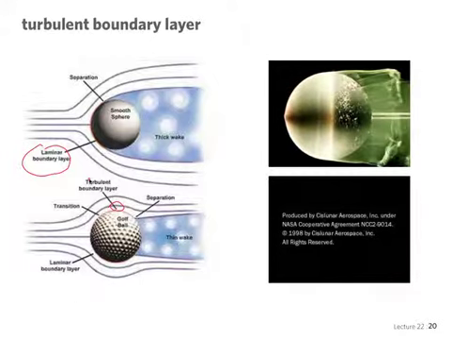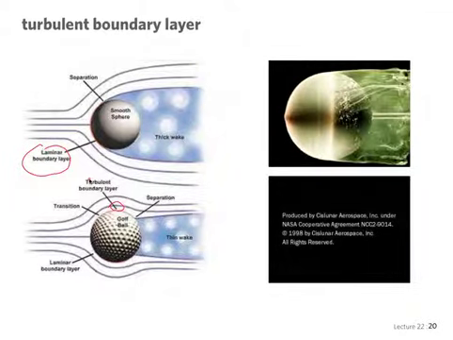The turbulent boundary layer becomes more, the fluid particles become more able to travel a little further around the curvature of the ball, and separation is delayed, and so the wake is thinner. This is why the golf balls have dimples, to trip the boundary layer into becoming turbulent, so that you will obtain that advantage from the turbulent boundary layer.